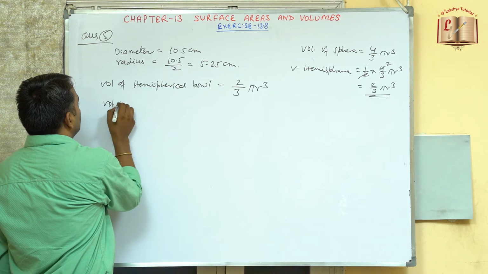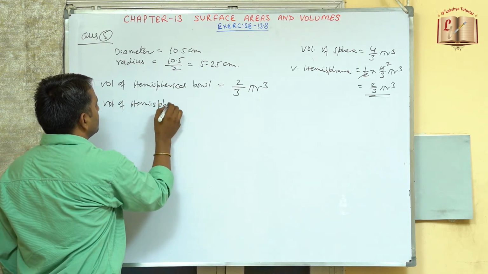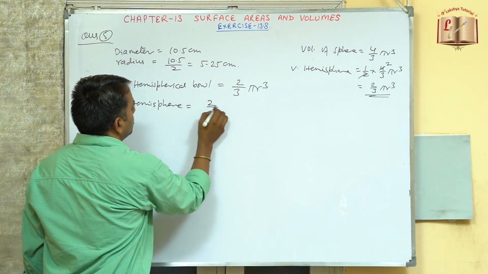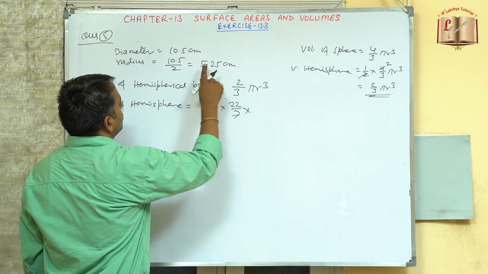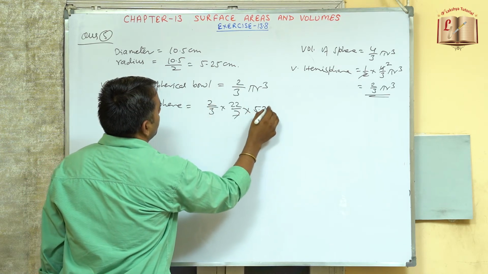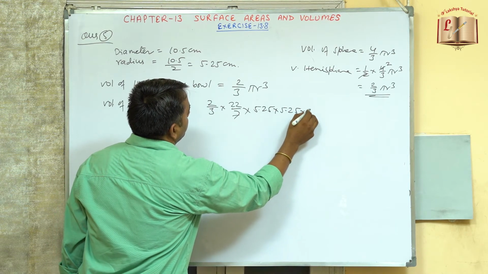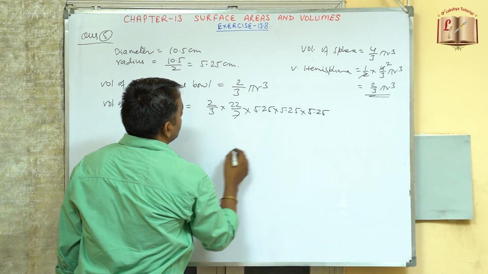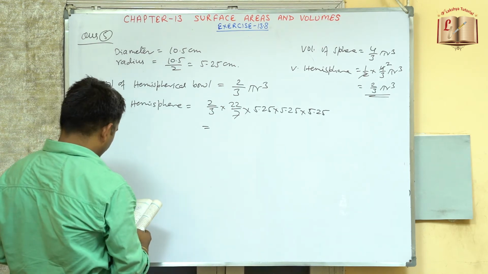So now volume of hemisphere is 2 by 3 into 22 by 7 into r cube. R is 5.25 into 5.25 into 5.25. With this calculation we can find it out.